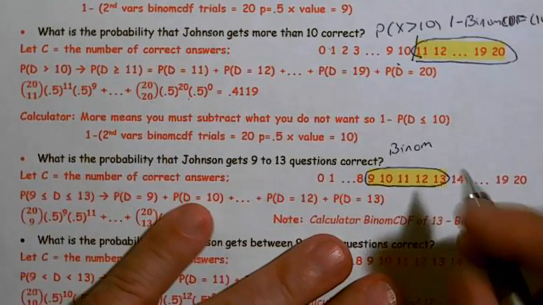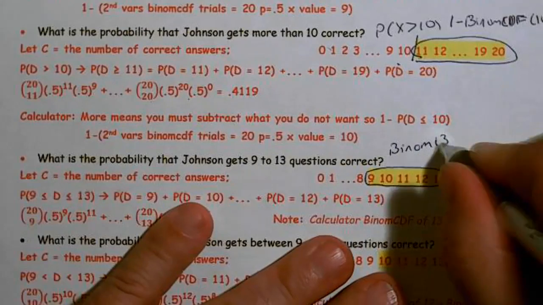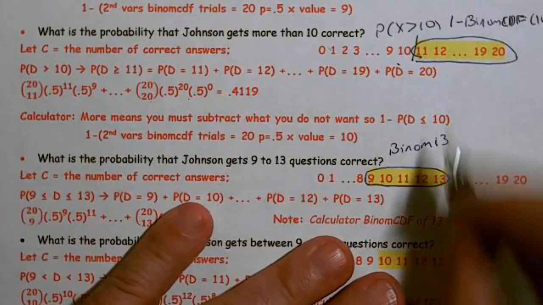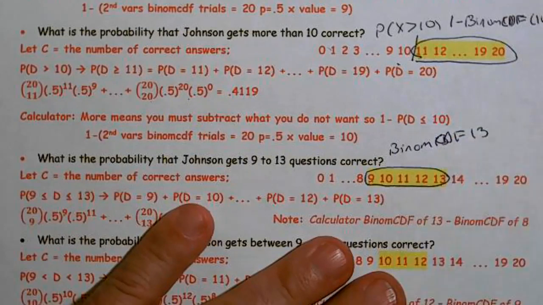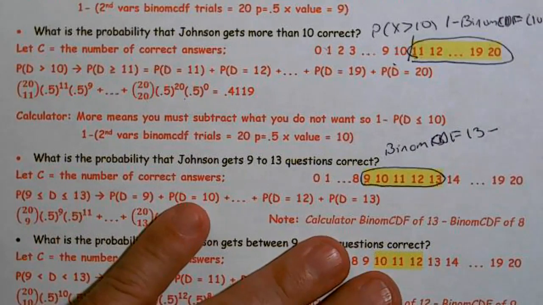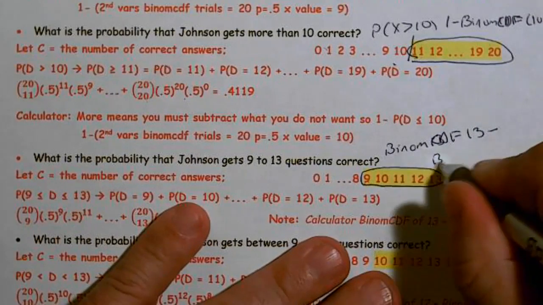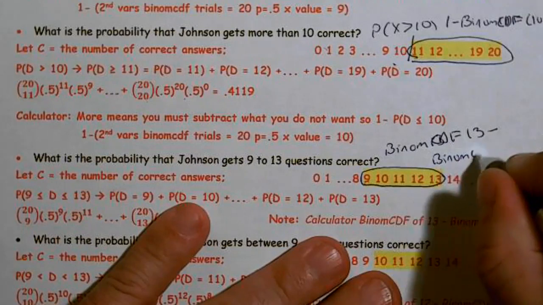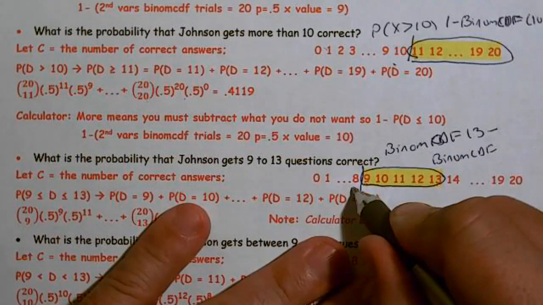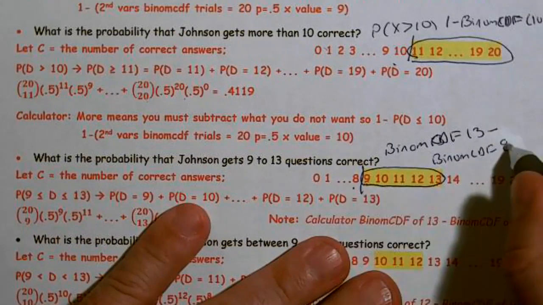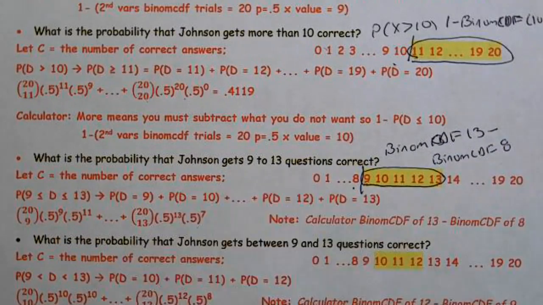How do I go about doing this? I always start with the highest value I want, which happens to be 13. So I'm going to do the binomial CDF of 13. That's the highest value I want. And then I'm going to subtract out the highest value I don't want. So minus the binomial CDF, and the highest value I don't want. I want 9, so the highest I don't want is 8. All right? Never take away what you want because you want it. Take away what you don't want.